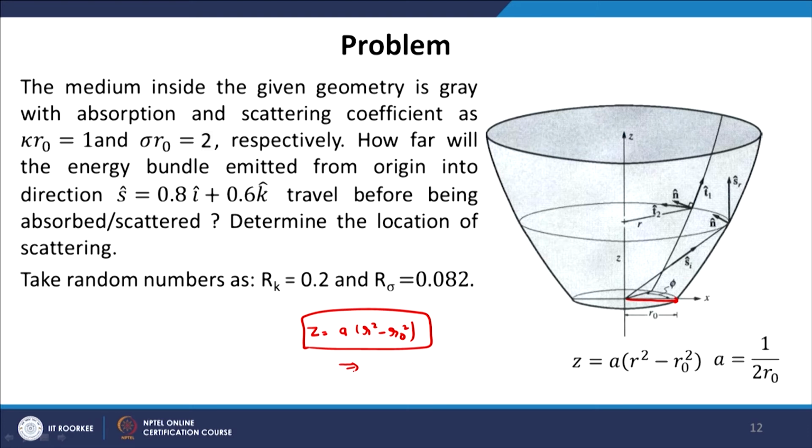So, we have a photon that is emitted. Photon is emitted with the direction 0.8 i plus 0.6 k, that means in the xz plane.